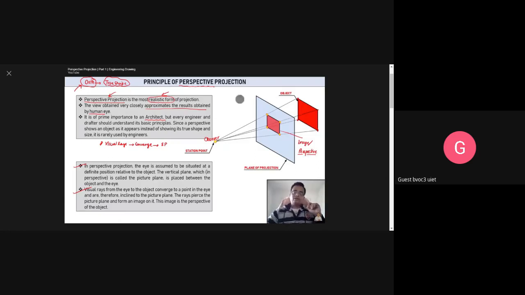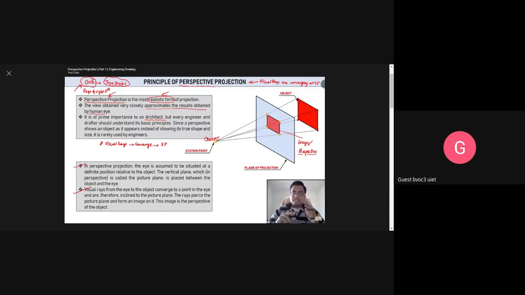Always remember, in orthographic projection the rays of sight are parallel. That is why it falls in the category of parallel projection. Whereas in perspective projection, the rays of sight or visual rays are converging at the station point. Always remember, this is one thing which differentiates orthographic from perspective.